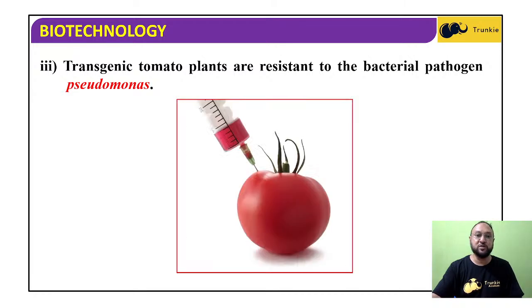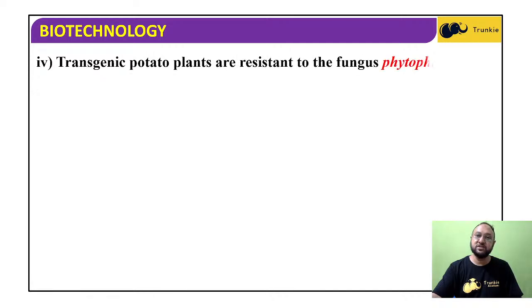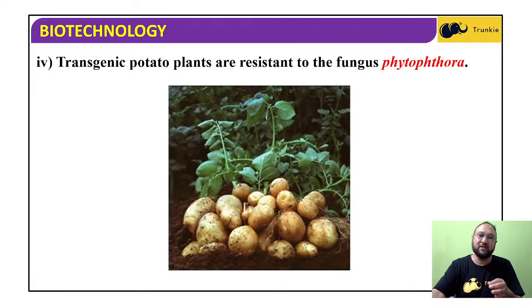Transgenic potato plants are resistant to the fungus Phytophthora infestans, which is very damaging to the potato plant, spreads so fast, and damages the potato crops. So transgenic potato has been grown now, resistant to this fungus, and thus protected from the disease.